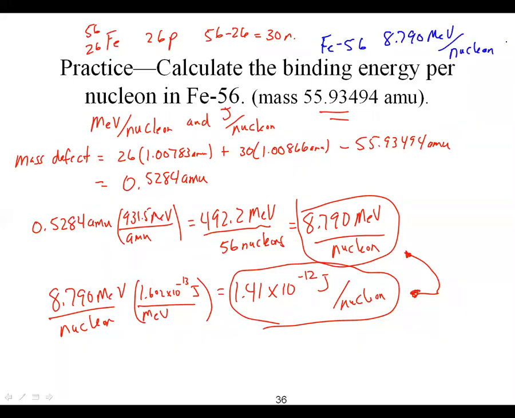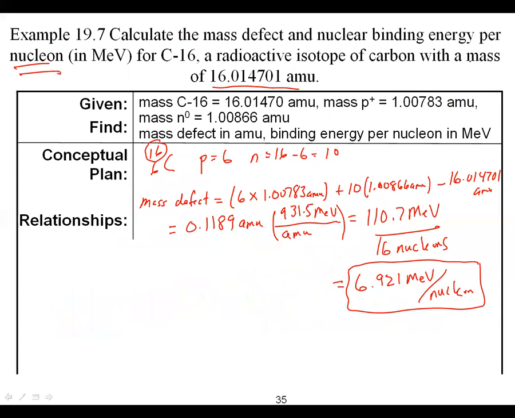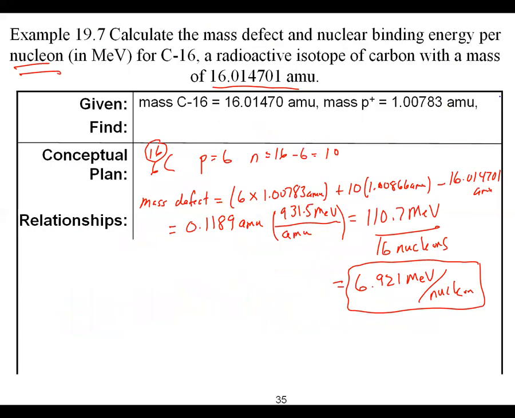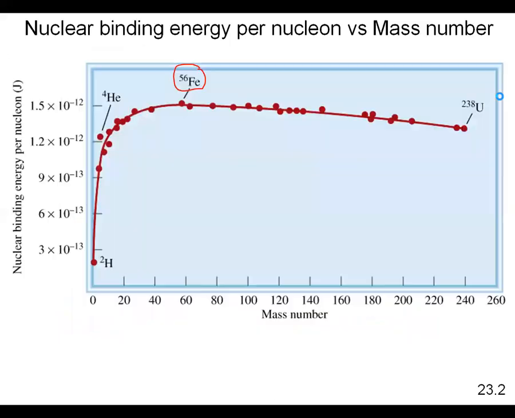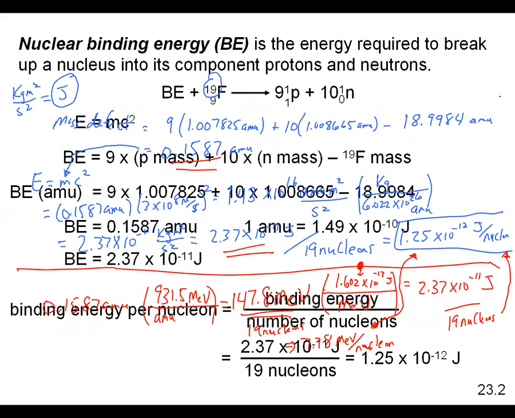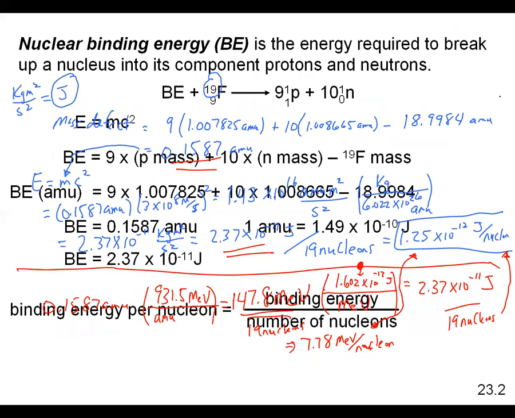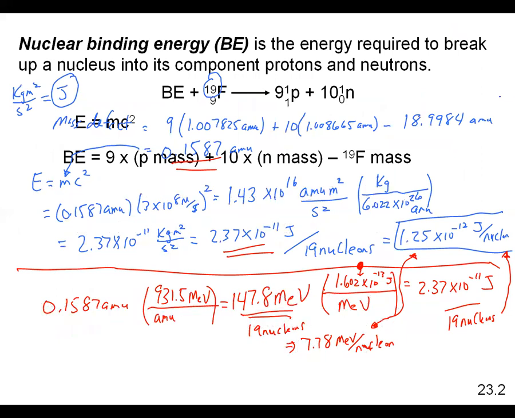If we compare it to the ones we did previously, so carbon 16, 6.921. And if we even go all the way back to that first one we were playing with there, which was our fluorine, I think, right? And for our fluorine, what do we get there? 7.78 for our fluorine.